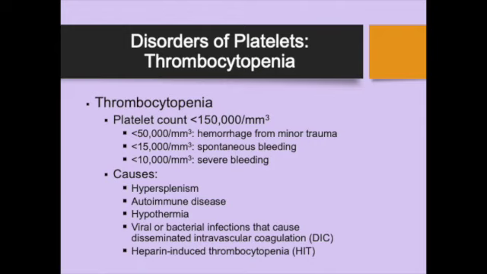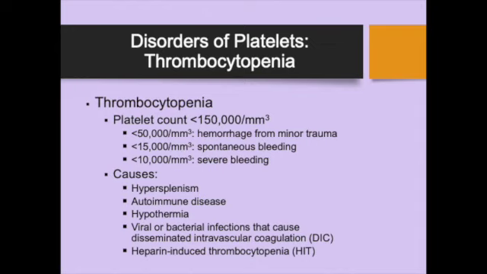Again, going back to the causes: hypersplenism, autoimmune diseases, hypothermia. Viral and bacterial infections can also not only cause thrombocytopenia, but disseminated intravascular coagulation, or DIC, and also heparin-induced thrombocytopenia as well, which we're going to talk about in later slides.